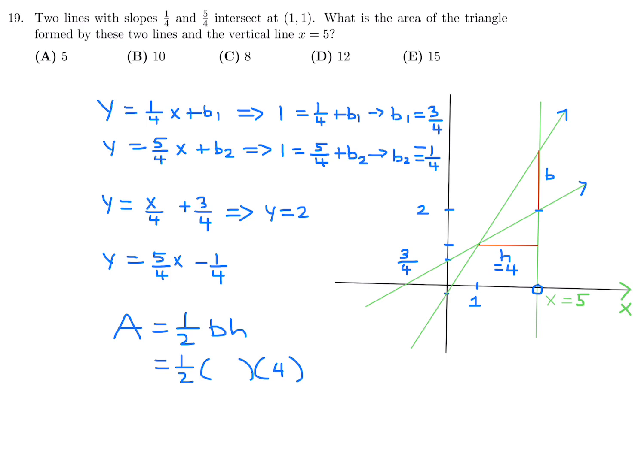And then when x is 5, this graph, let's see, 5 times 5 is 25, minus 1 is 24, so y will be 24 over 4, which is 6. So this point is 6, that one right there. So 6 minus 2, which is 4, is equal to b. So that's b. So my area is going to be 1/2 4 times 4, which is 16 divided by 2, which is 8. So number 19, the answer is C.